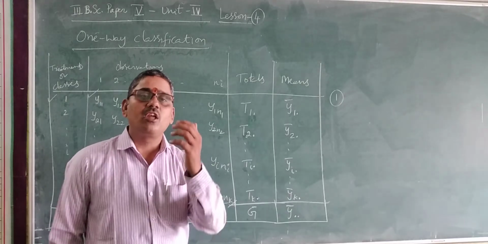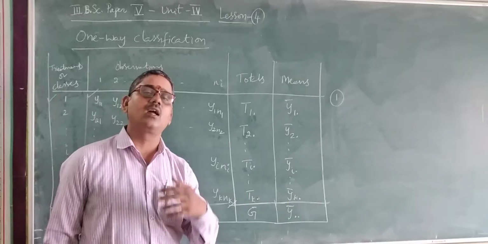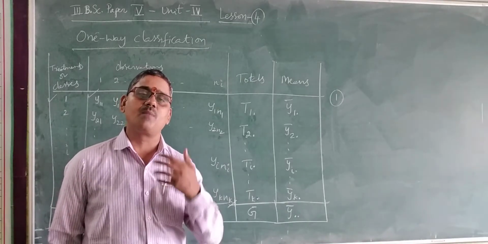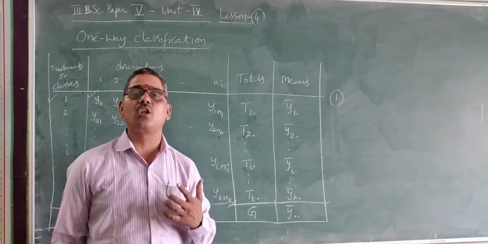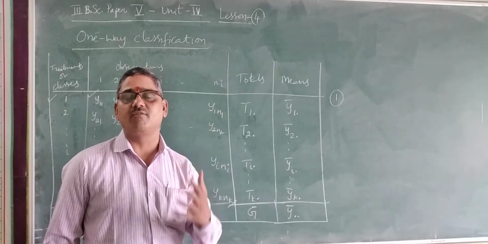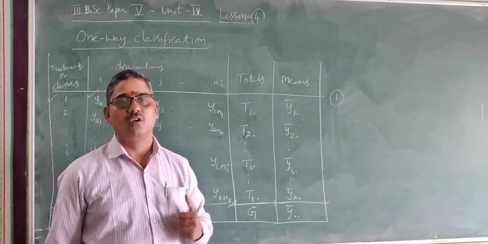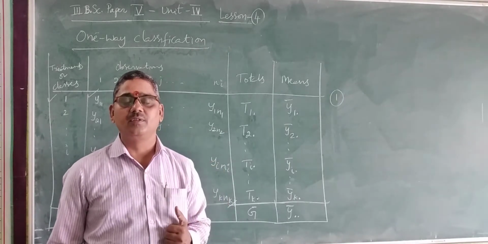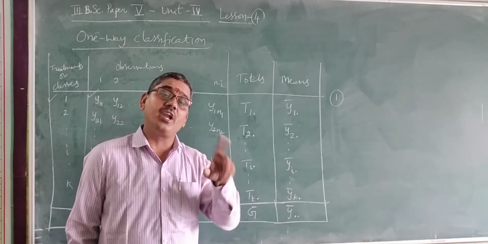It is observed in terms of kilos: 100 kilos of rice, 120 kilos of rice obtained from that particular plot, that experimental unit. Then it is going to vary from treatment to treatment.